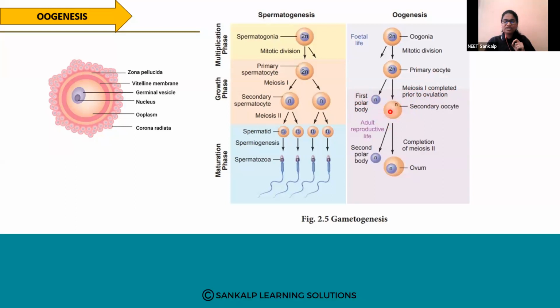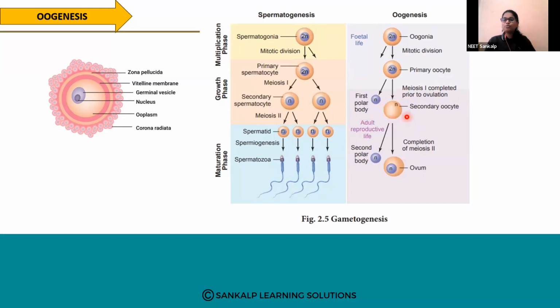The secondary oocyte is in a haploid condition, while the primary oocyte is in a diploid condition. So the first polar body is formed. The secondary oocyte will be at a resting phase. Then when adult reproductive life begins, or when the first menstrual cycle begins in a girl, or when she attains maturity, this secondary oocyte will complete its meiosis 2.